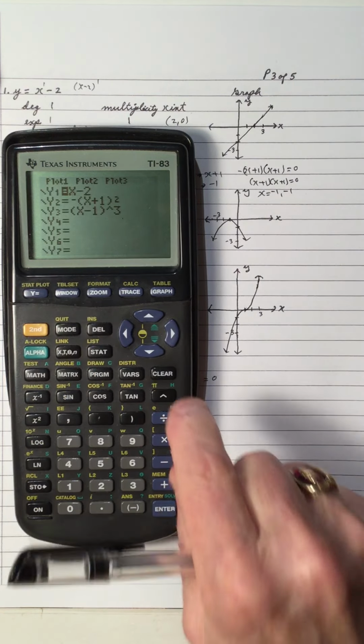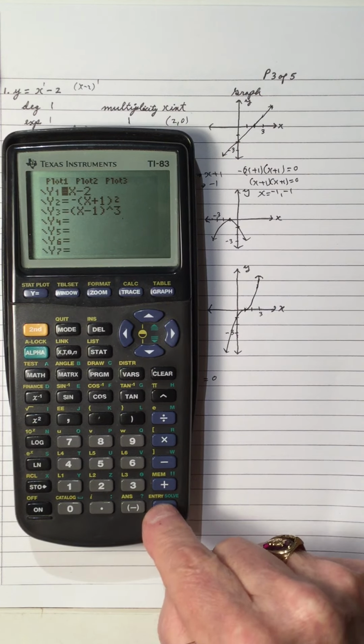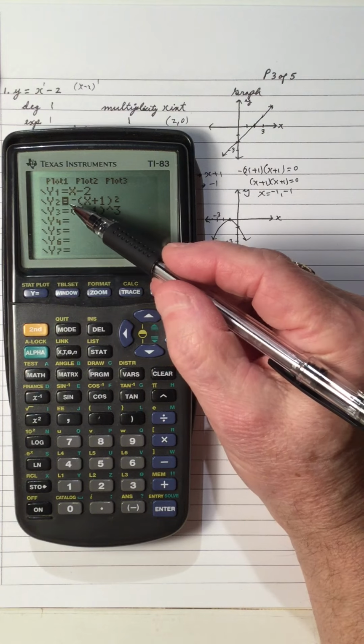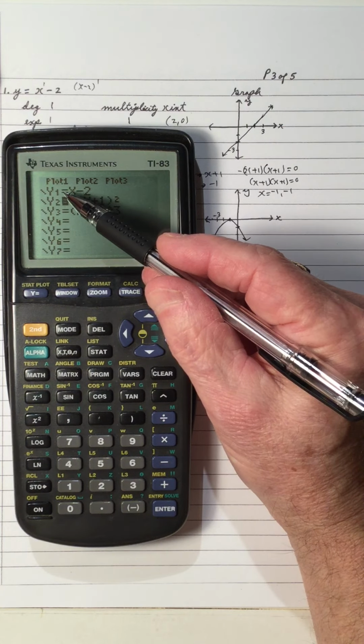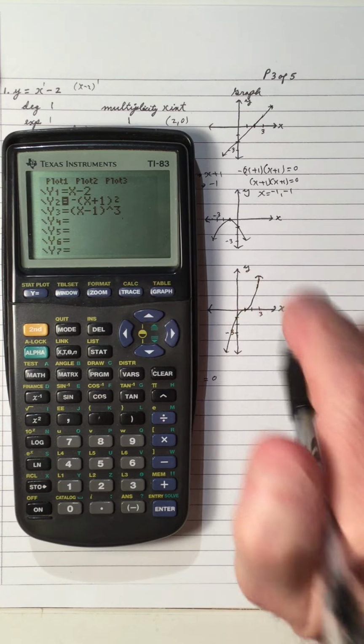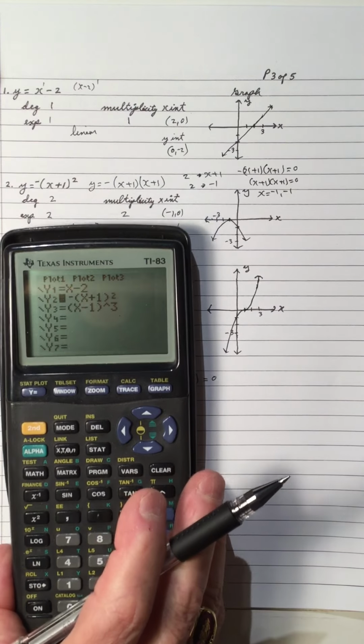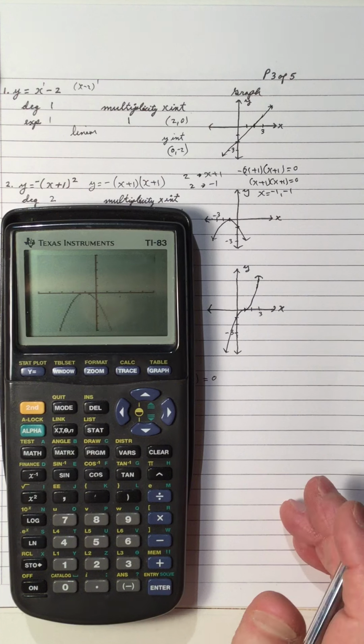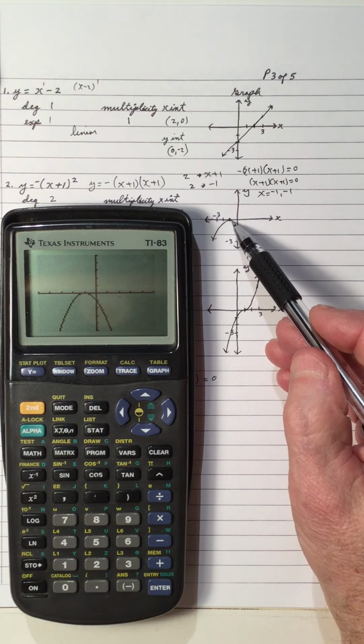Okay, let's go back again, and we'll highlight. Now notice that this one is highlighted, these are not. So I'm doing the graph of the next equation. And as you can see, it's just like this.